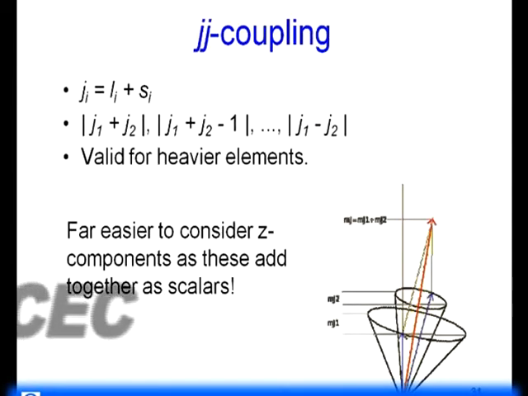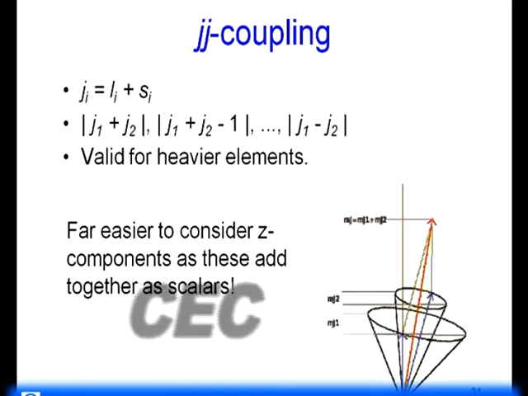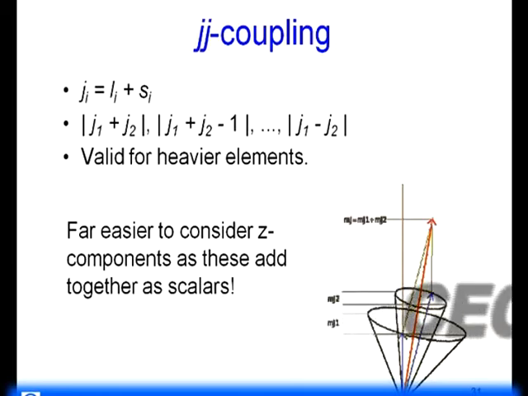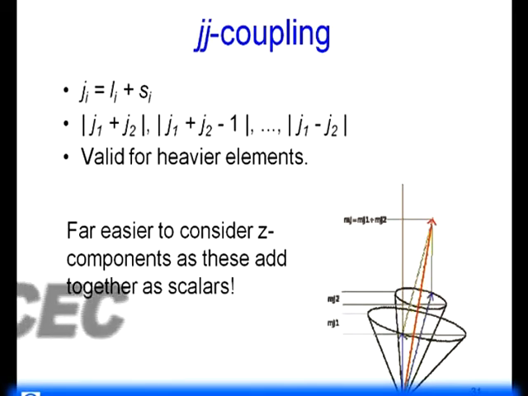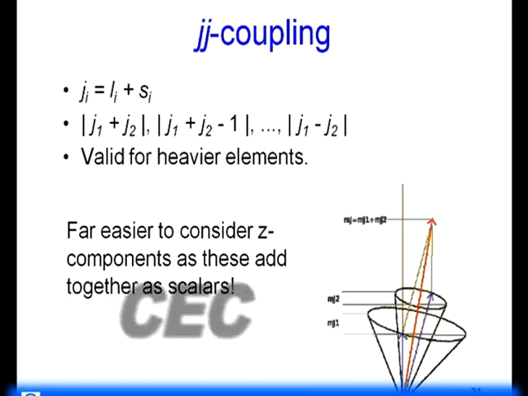The other kind of scheme: I told you that the Russell-Saunders coupling scheme was valid only for elements up to bromine, that is elements which have low quantum numbers. What about the elements which have higher atomic numbers? In that case, there is another scheme which is called the JJ coupling. In this case, the individual angular momenta combine first. That means for each electron, you will first combine its orbital angular momentum with its own spin quantum number and get a small j quantum number.